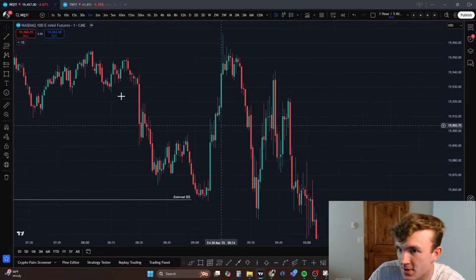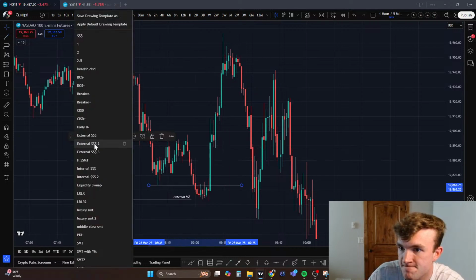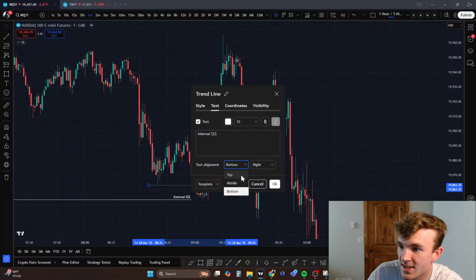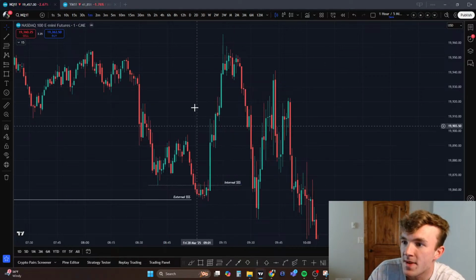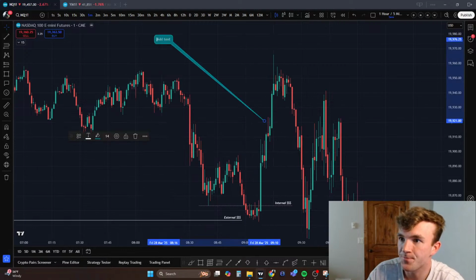External sweep. There's also an internal sweep here. And also, we never actually took London, so it'd be kind of scary. But yeah, no break of structure here. And it was also pre-market open.